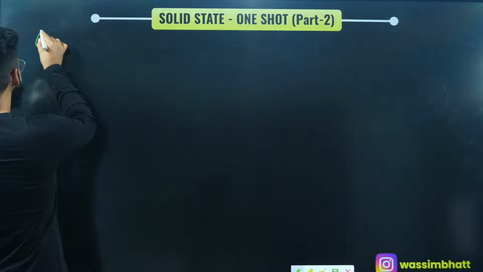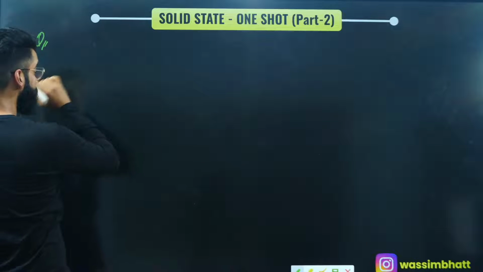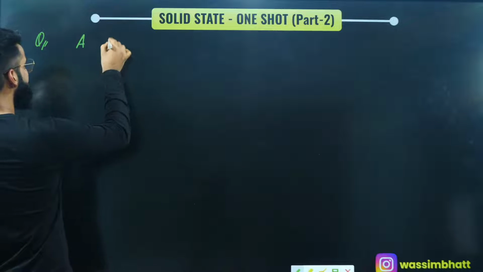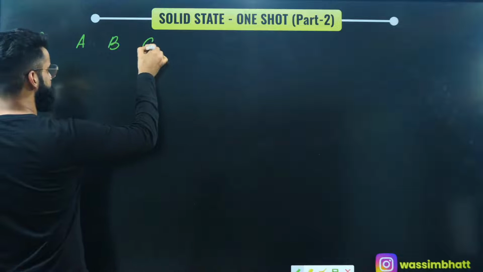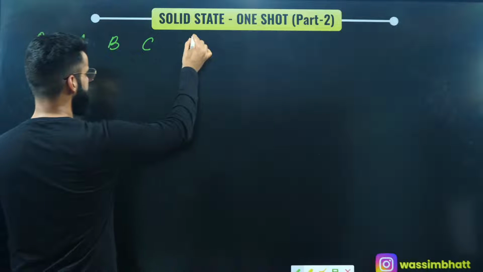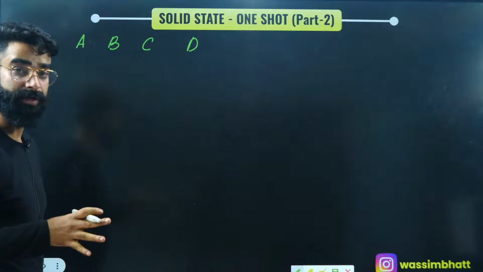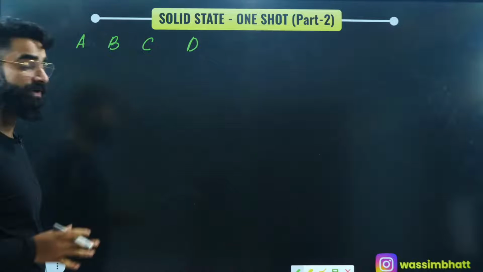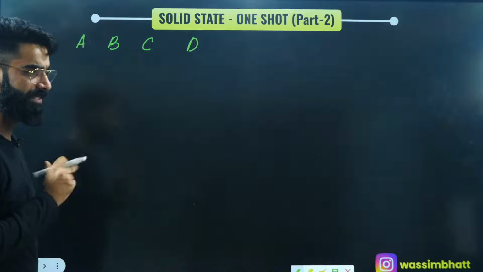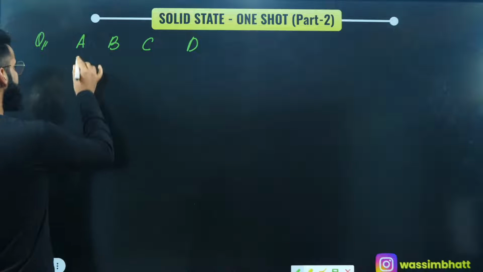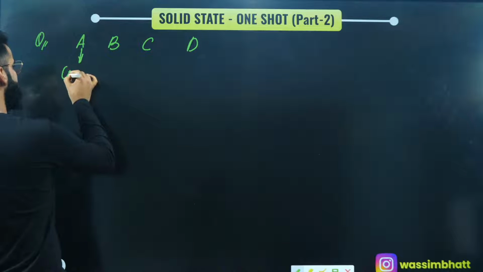For example, the question is like this. I've got a solid which has got four different types of constituent particles, A, B, C, and D, right? Let's assume A particles are present at the corners of the cube.